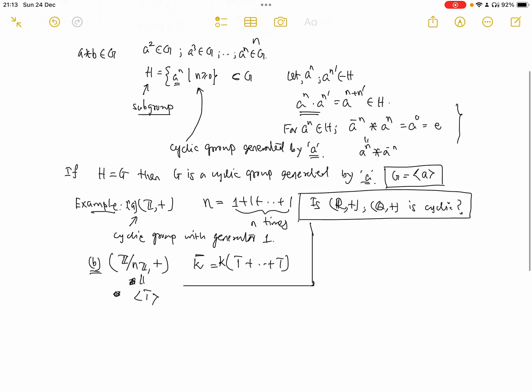But if you observe, we always have a particular subgroup. If you take any non-trivial element and you take the cyclic group generated by that element, it may be the entire group G, but it will always be a subgroup of the group.